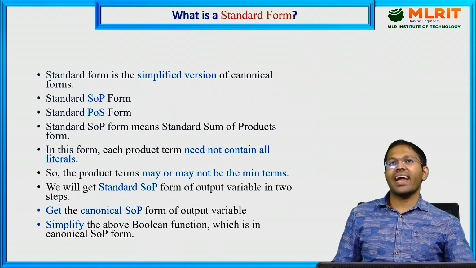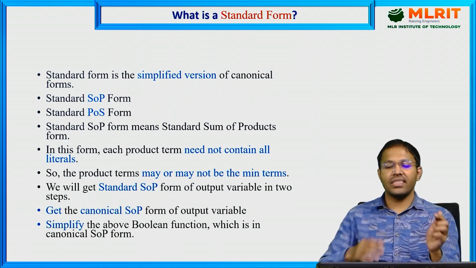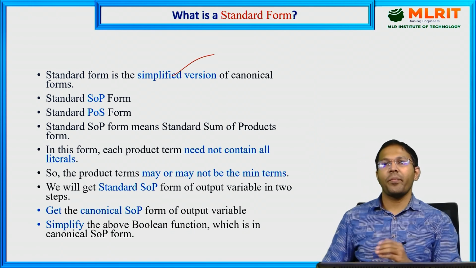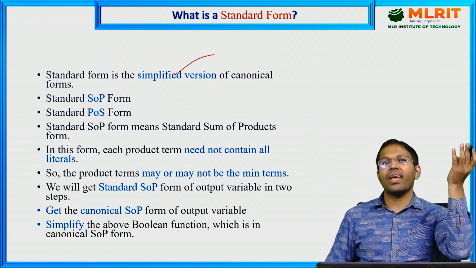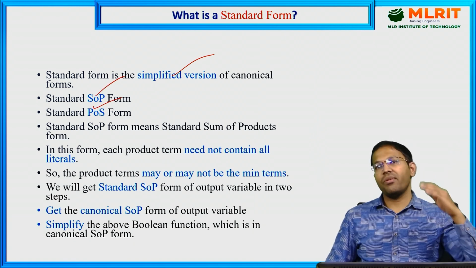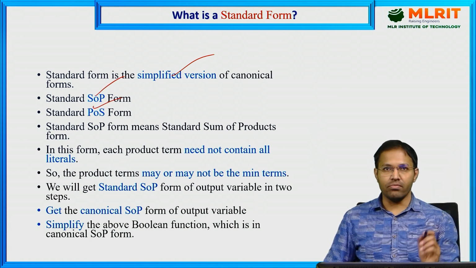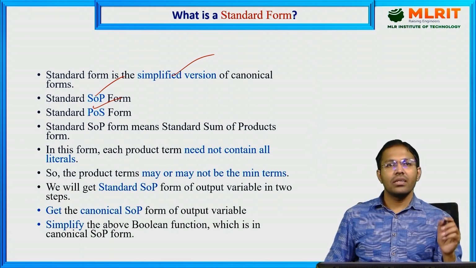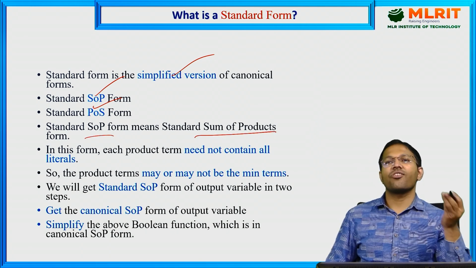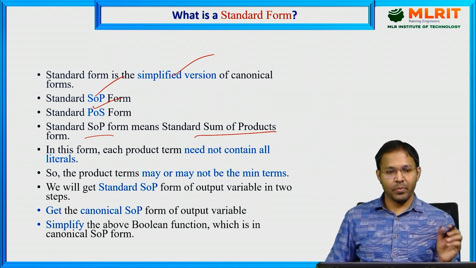Again, the standard form is actually a simplified version of the canonical form. So, in the canonical form, we have two forms: sum of products and product of sum. A simplified version will also have two forms. SOP stands for sum of products, POS stands for product of sum.